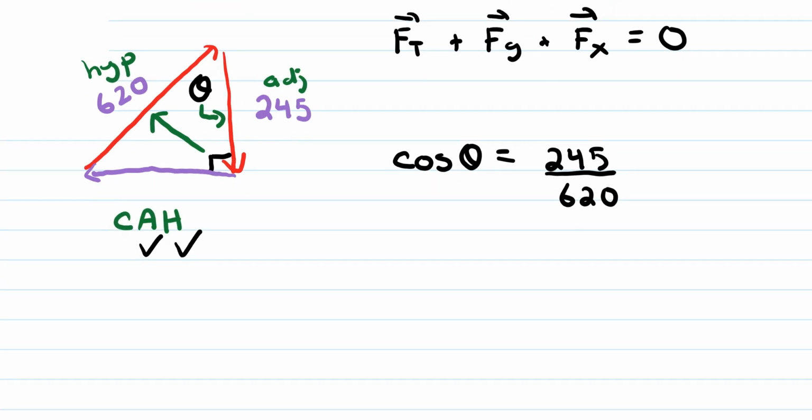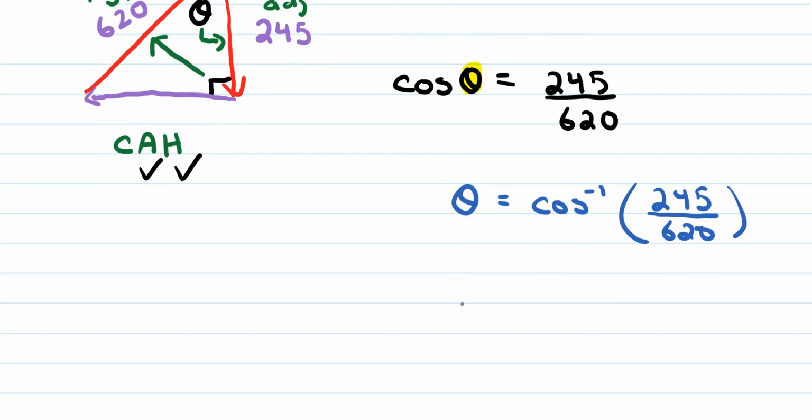To isolate for the angle, theta is going to equal the inverse cos of 245 divided by 620, and then we go to our calculator and round to two decimal places, and we should get 66.72 degrees right there. So that is the maximum angle that the block can be pulled without the rope breaking.